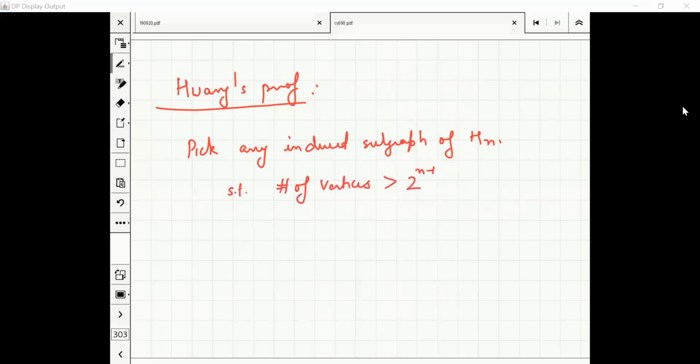You pick any set of vertices in a Boolean hypercube whose size is more than 2^(n-1). You take the induced subgraph. Remember what induced means: you do not miss out on any edges between the vertices of the chosen set. Then the induced subgraph, I am calling it G_V, the spectral norm of it is more than root n.